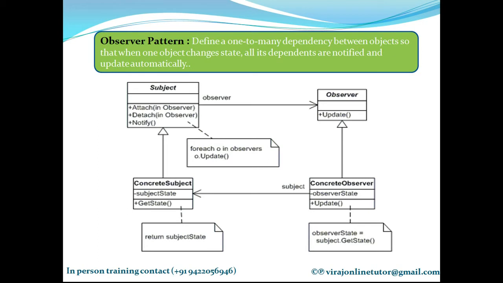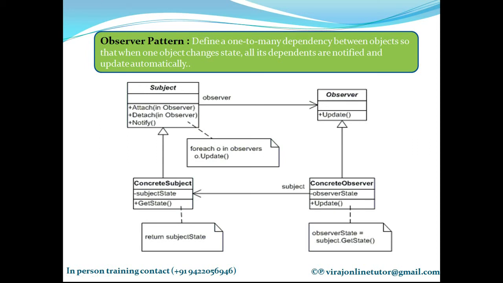This promotes loose coupling. If you notice the diagram, I have a subject which is the publisher. In that I have one function called attach. This subject is going to have a list of all the observers who are subscribing to this subject. So attach gets an observer as a parameter, and attach will add this observer to its list.